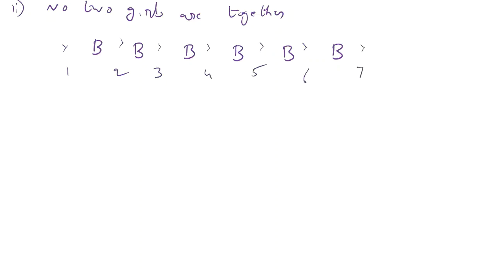We can place the girls in any of these 7 positions. Therefore, the total number of arrangements is equal to the number of ways in which we can arrange boys and the number of ways in which we can arrange girls.